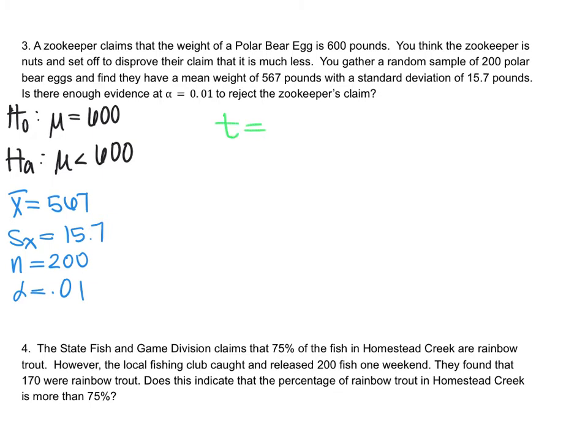So when we calculate our statistic, we're going to do 567 minus 600 divided by 15.7 divided by the square root of 200. Which is going to give us negative 29.73.